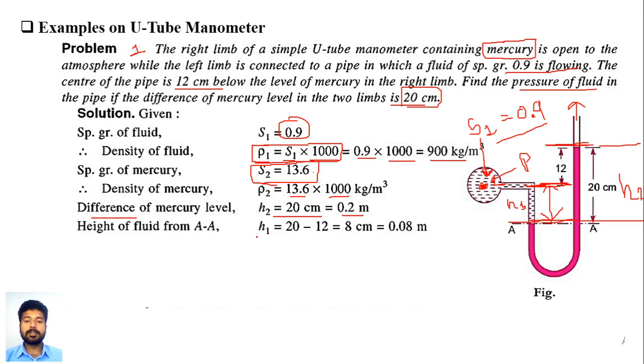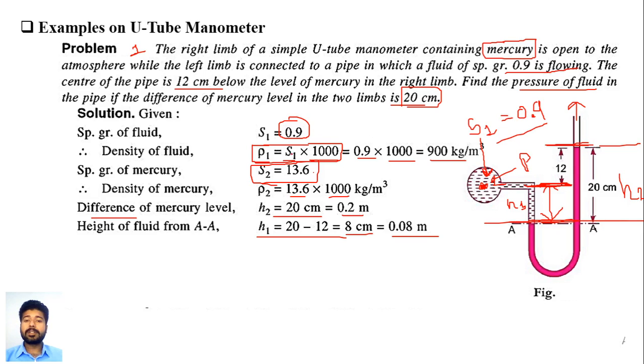So H1 equals 20 centimeter minus 12 centimeter, that is 8 centimeter, and converting this to SI unit, it is 0.08 meter. So now we have all the dimensions of H1, H2 and rho.